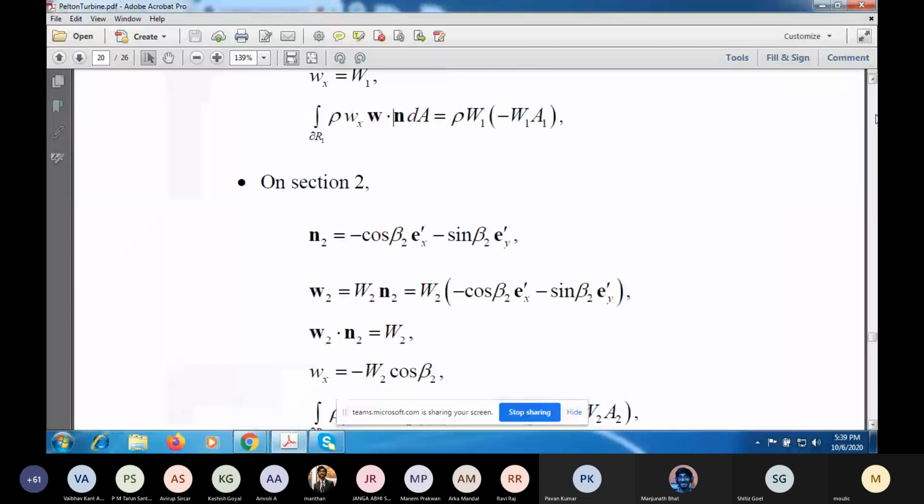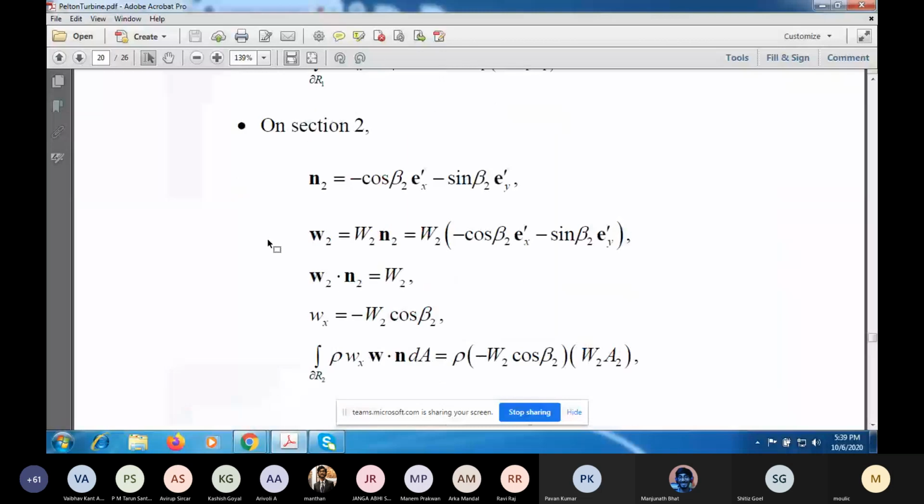So on section 2, N2 is minus cos beta times Ex, and this is Ey. I prefer to use E subscript x and E subscript y. And W2 is the magnitude of W2 times N2. W2 dot N2 now is simply W2. So this is positive, which means that this is an outlet. But Wx here is negative.